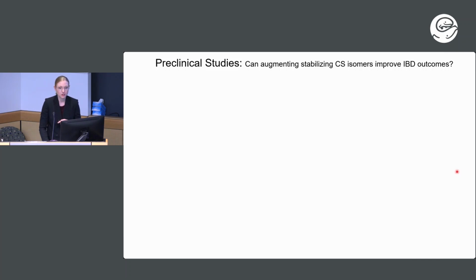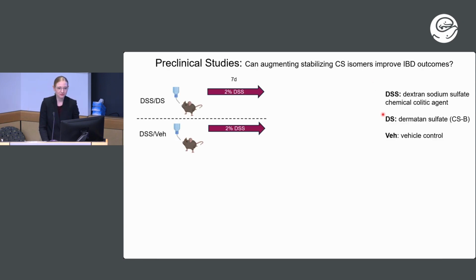So building off this human data, I then employed murine or mouse preclinical models of IBD to test whether augmenting stabilizing CS isomers can improve IBD outcomes. So really taking this from bedside to bench and then hopefully back to the bedside. So I took 2 groups of mice and gave them DSS, dextran sodium sulfate.